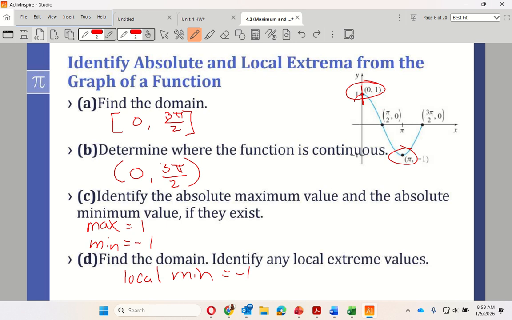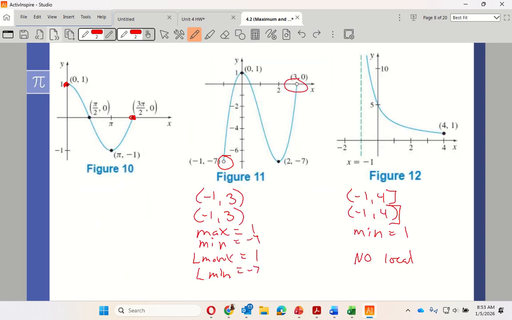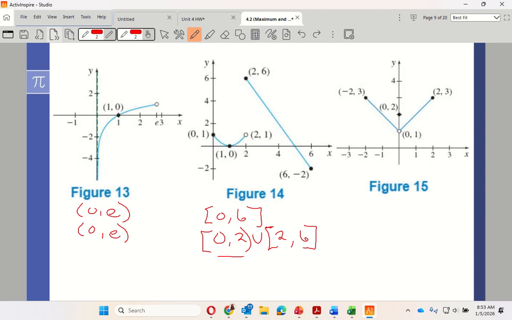It's continuous on that point. Okay, that's where I made a mistake. It actually says everything except for 2. So they did everything in interval notation, but then they did that one in a different type, the set builder.